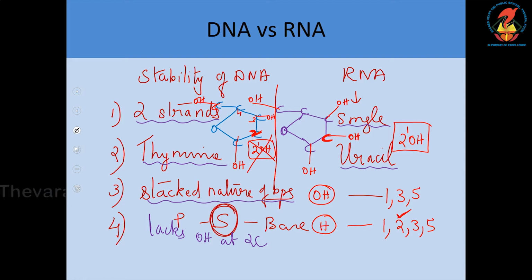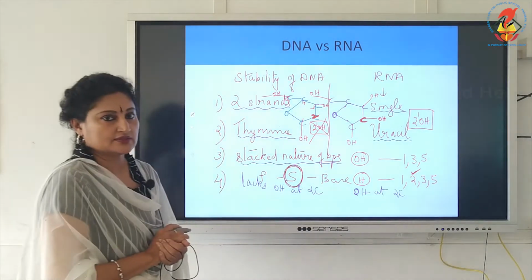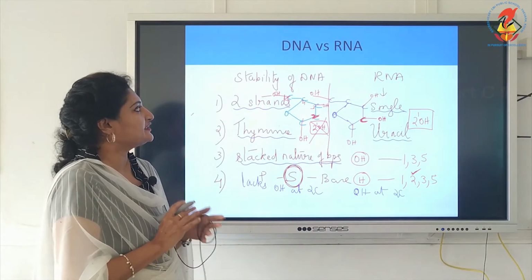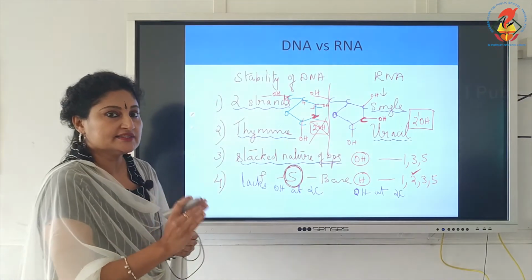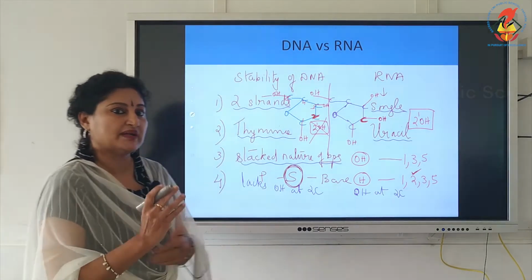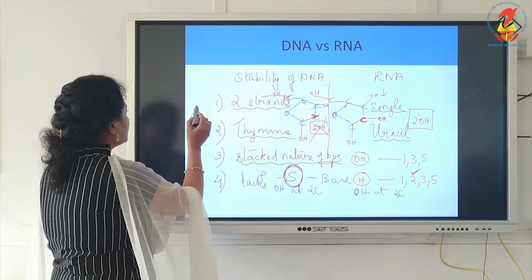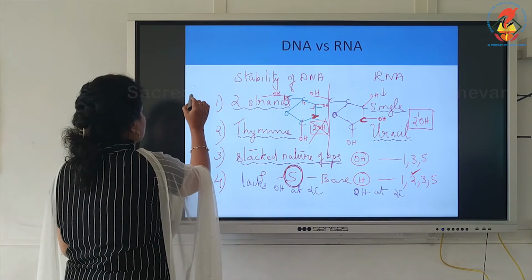But in RNA there is an additional hydroxyl group at the 2 carbon or 2' of the ribose sugar. So, these are the 4 reasons why DNA is more stable than RNA. In this context, we can say DNA has a better chance to be a genetic material. It is fulfilling that criteria.